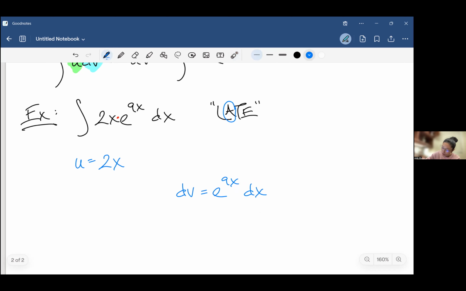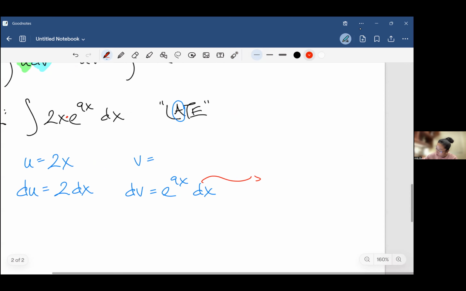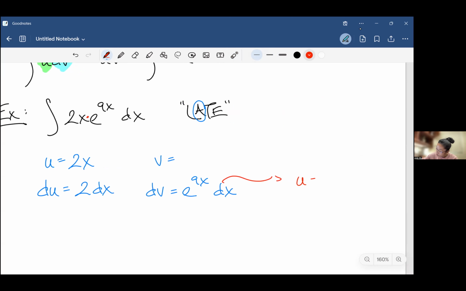From there, with our u, we take a derivative, du, and we get 2 dx. Then from our dv, we integrate to get our v. Now this requires some u substitution, so if we do that off to the side, we let u equal 9x and du will equal 9 dx.